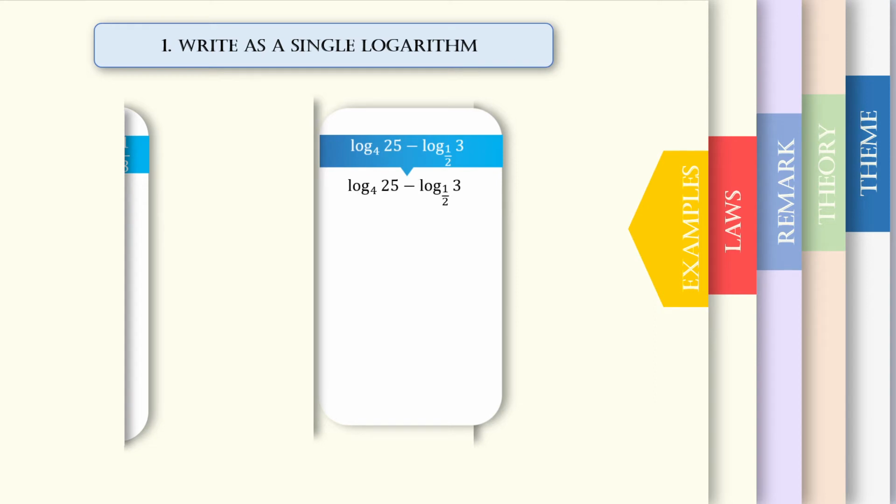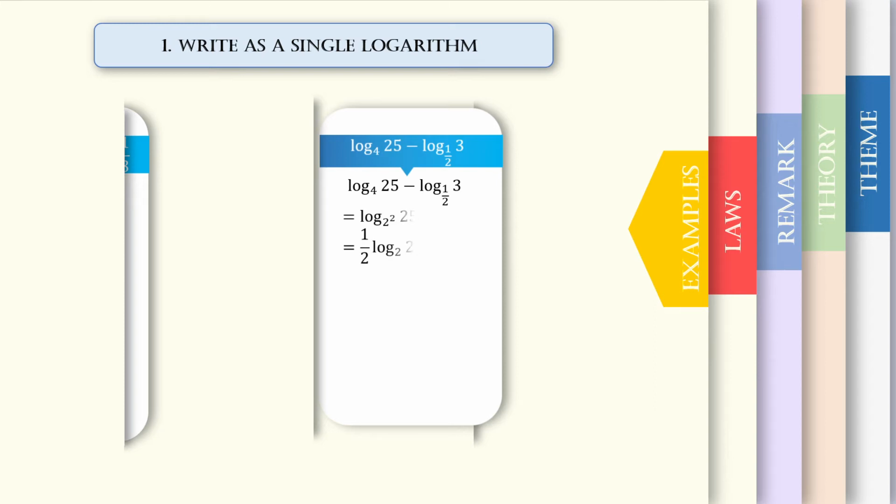So here we will use a small trick. We see that we have two different bases, base 4 and base 1/2. But the very interesting thing is that both bases can be represented as 2 raised to some power.